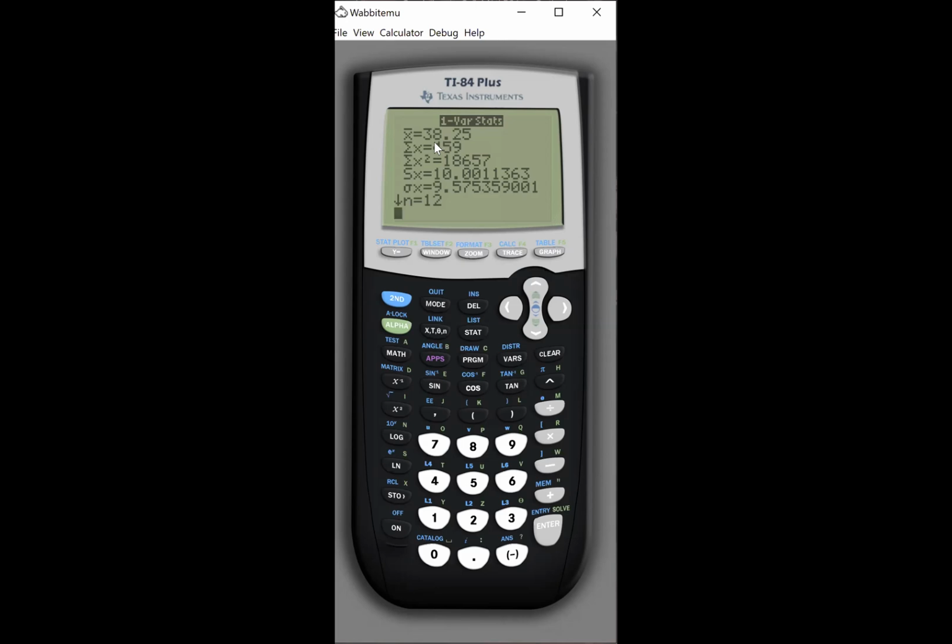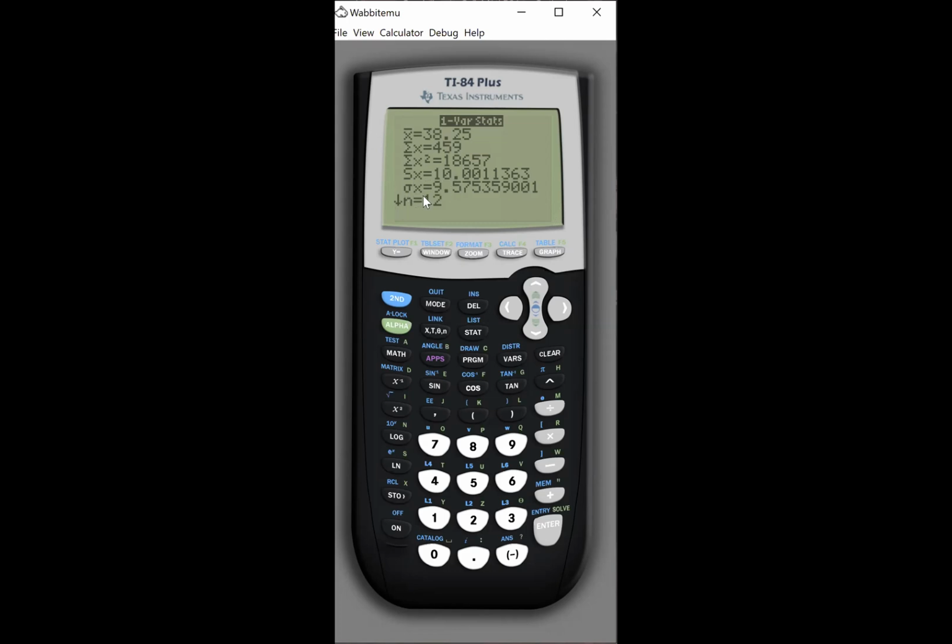If you look below, they give me Sx. Sx is the standard deviation. So they're telling me the sample standard deviation is 10. And you kind of know this is a sample because they only gave me 12 babies. They didn't give me the entire population of babies. So that's why we're using Sx, not sigma x.